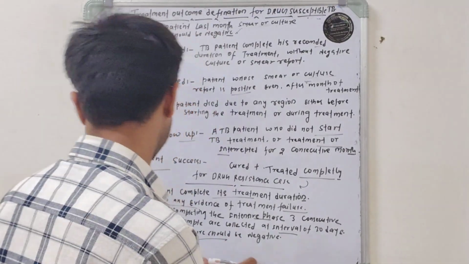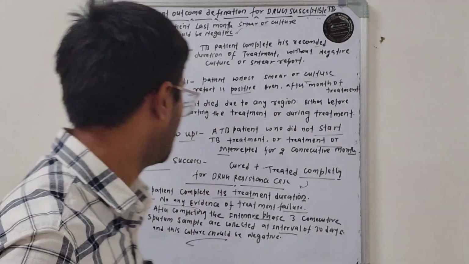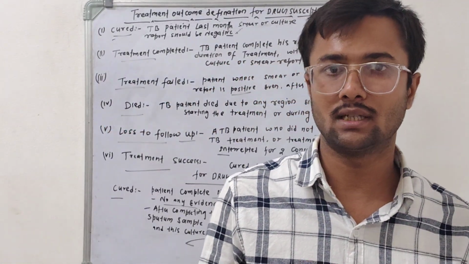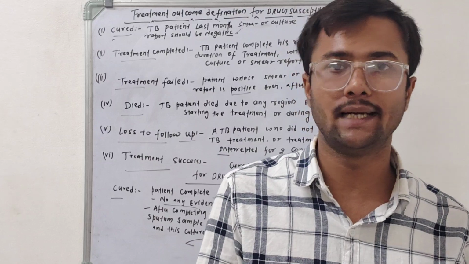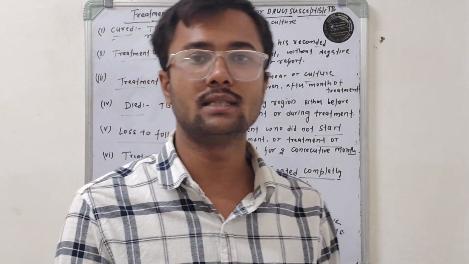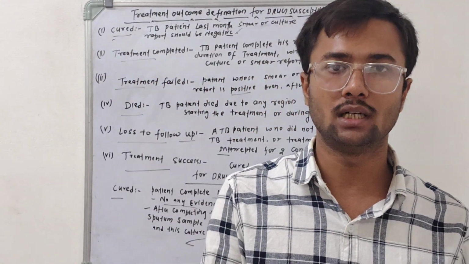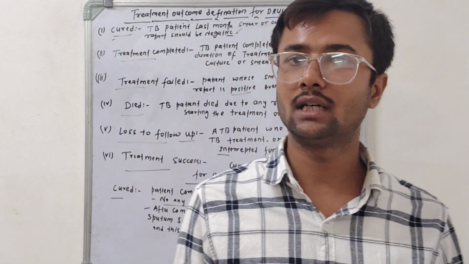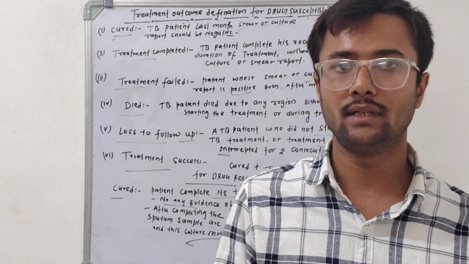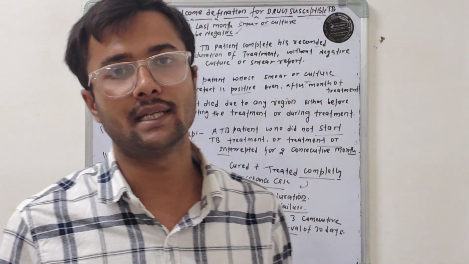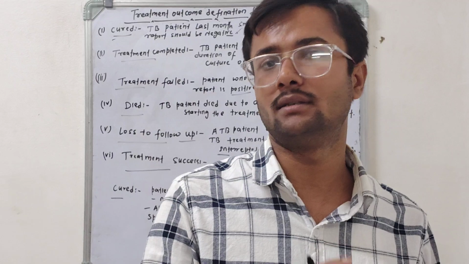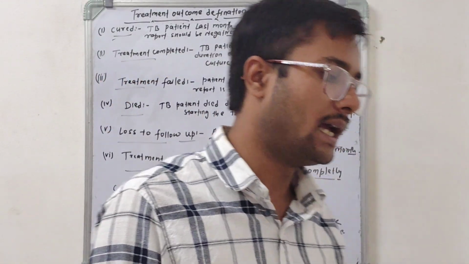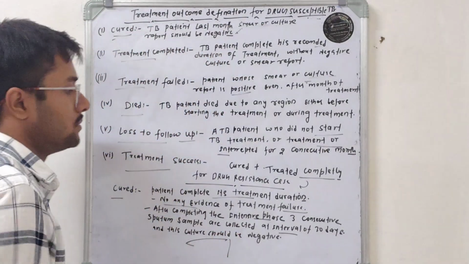So in drug resistance TB, there are 3 criteria: the patient completes the recommended duration of treatment, there is no evidence of treatment failure, and the 3 consecutive sputum samples after the intensive phase, 30 days apart, are all negative.